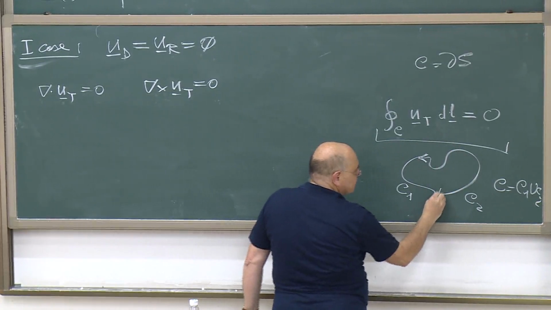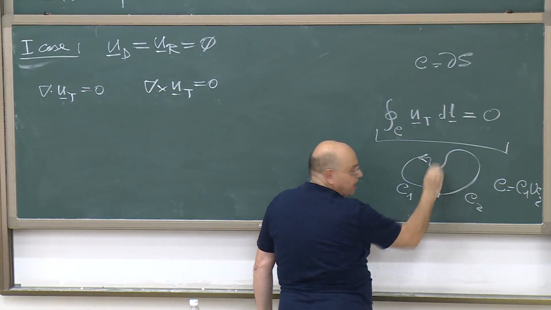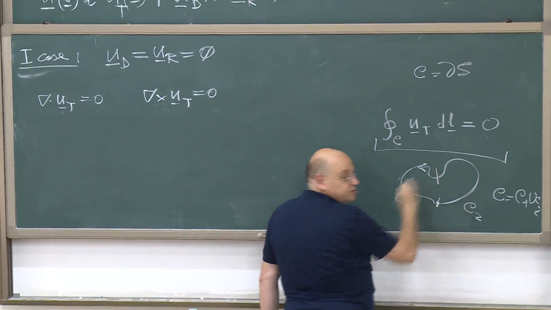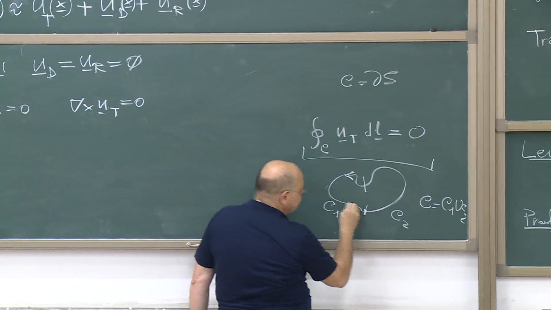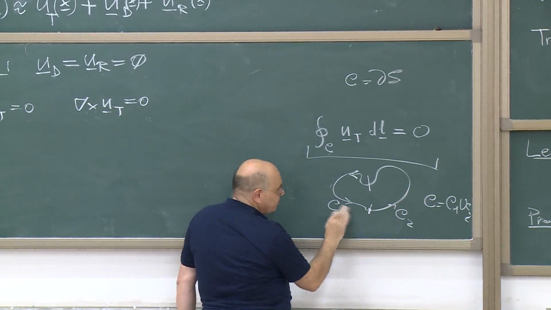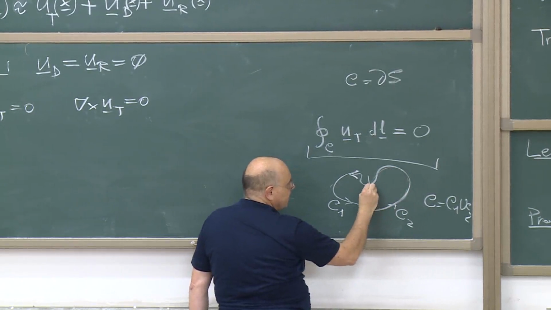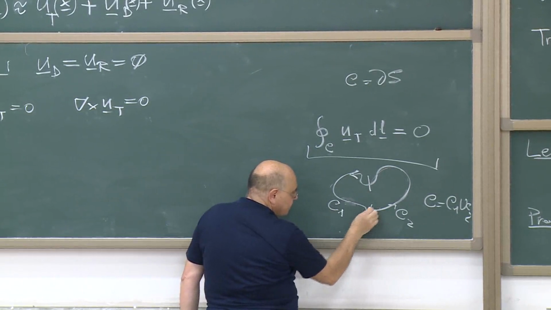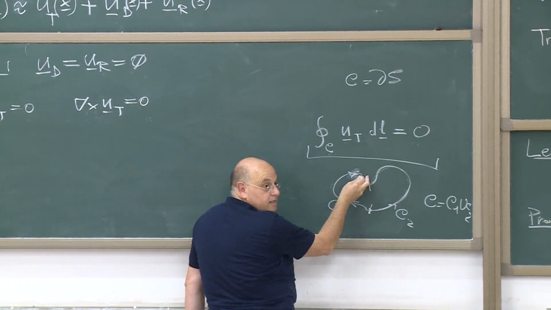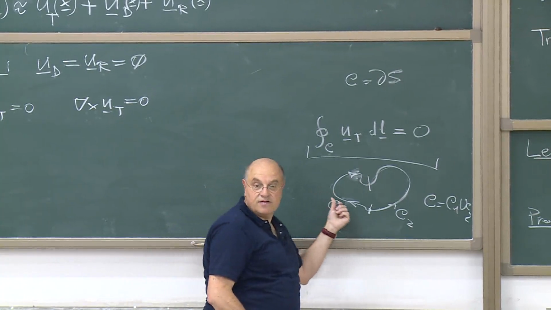And then you want to start here and end up there along these two paths. So suppose you cut C1 in this part and C2 in the other, so you have to reverse orientation, okay? You have to reverse orientation. So if I reverse orientation, I can start from here, getting to there, and then I want to start from here and getting to there, just by taking the arc length with a minus in front of it.